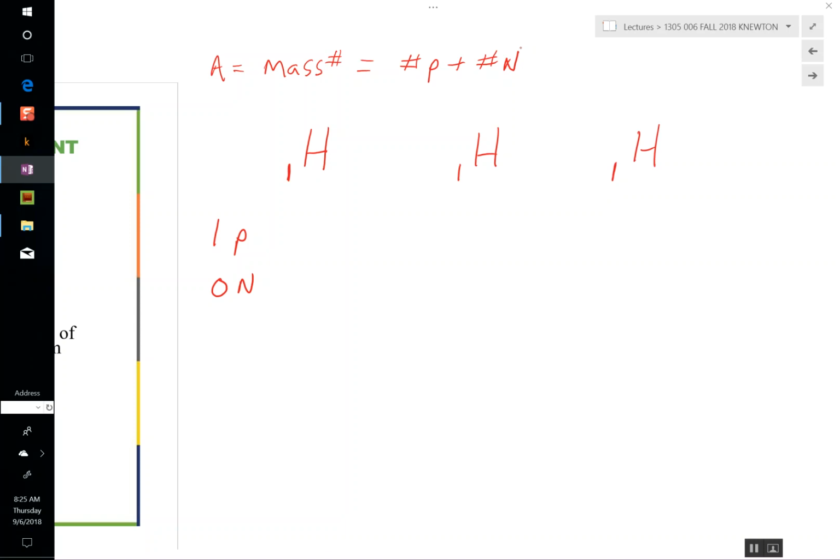So if you want to know how heavy something is, you basically need to know how many protons and neutrons are in its nucleus. So the mass number for hydrogen is 1. And this is the most common hydrogen atom. Greater than 99% of all hydrogen, like 99.9% of it, is this kind of atom.